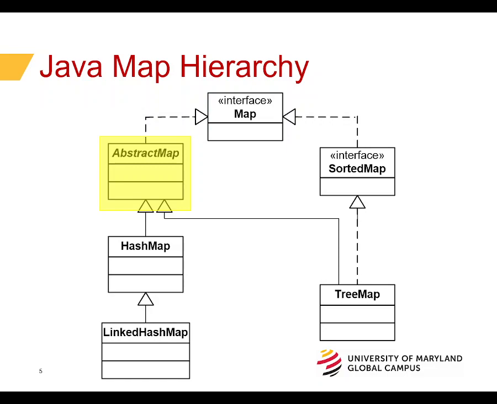Among the more interesting methods is the one that returns a set of all the keys currently in the map, and one that returns a collection of all of the values. The sorted map interface is the one implemented by the tree map, the only sorted implementation. Although the intent is that the key type parameter be a class that implements comparable, the interface does not specify that constraint.